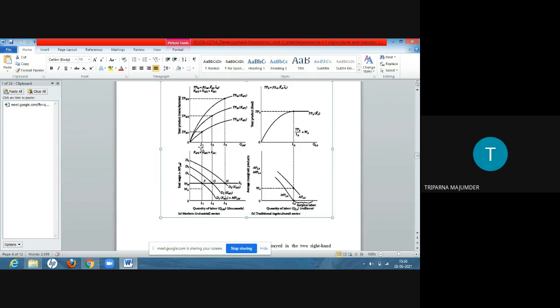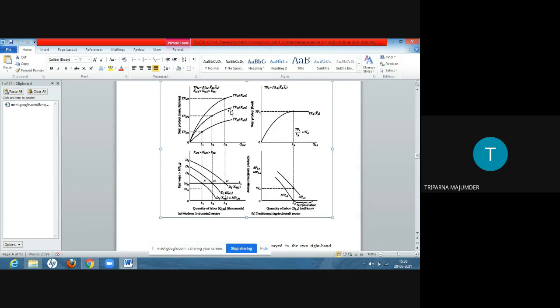urban workers L1. In the Lewis model, the modern sector capital stock is allowed to increase from KM1 to KM2 to KM3. When capital stock increases, we know that our total product curve shifts upward. So when we have a capital stock of KM1, our total product curve is TPM, KM1.